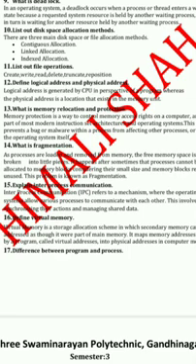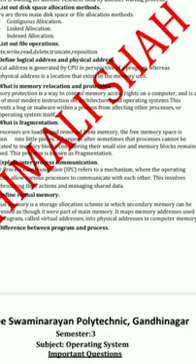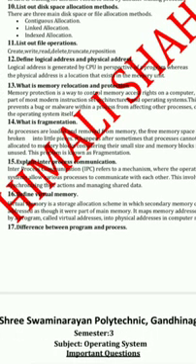Okay. Next, what is the fragmentation? So as processes are loaded and removed from the memory, the memory space is broken into little pieces.